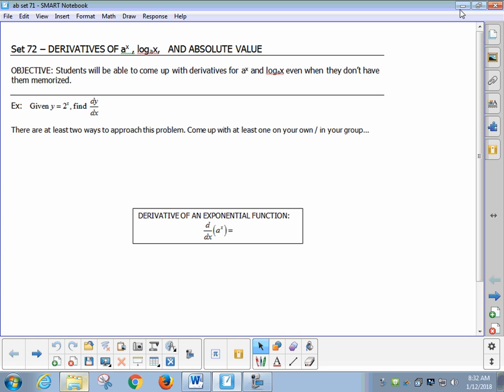It doesn't matter. Prove it or show why it is. Y equals 2 to the x. And Barb, you got an idea, math amigos? Well, Bob is here, so we got an idea.